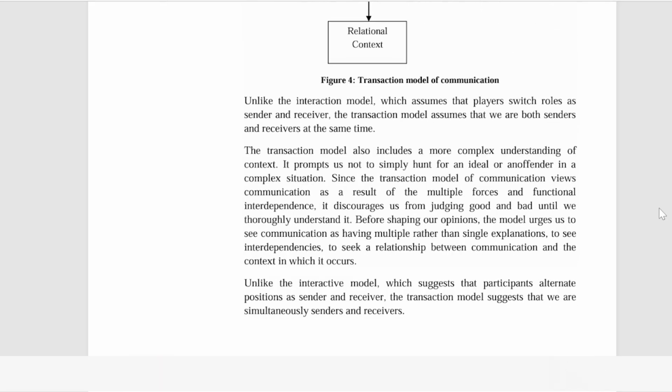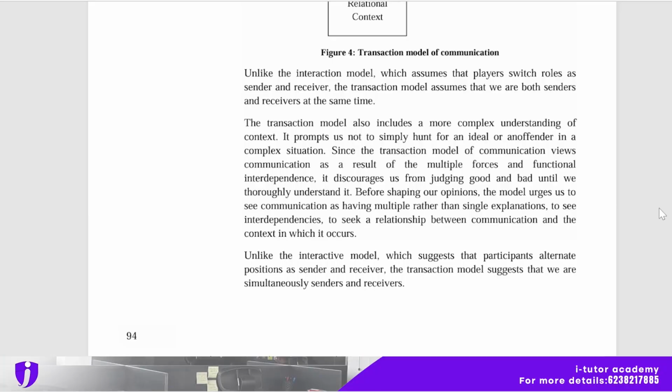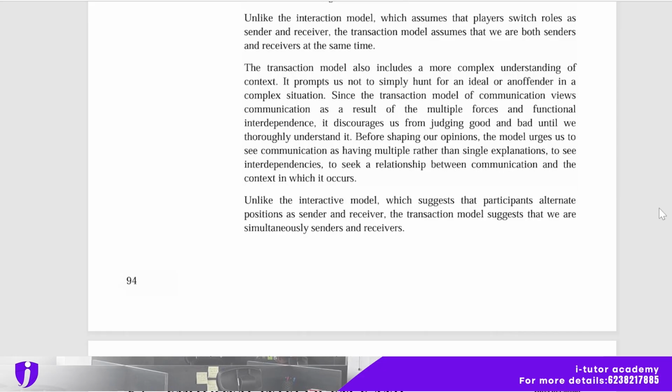Unlike the interaction model, which assumes that players switch roles as senders and receivers, the transaction model assumes that we are both senders and receivers at the same time. The transaction model also includes a more complex understanding of context, and it prompts us not to simply hunt for an idol or an offender in a complex situation, since the transaction model views communication as a result of multiple forces and functional interdependence.